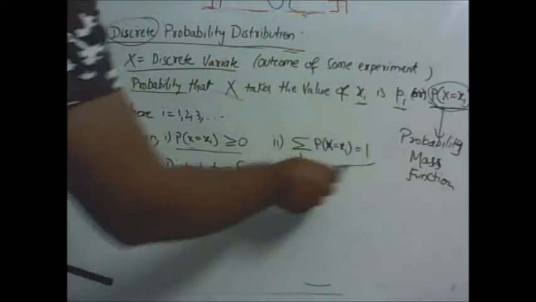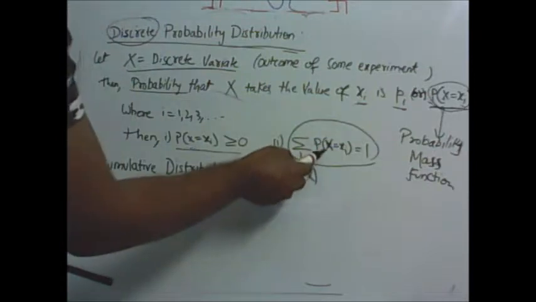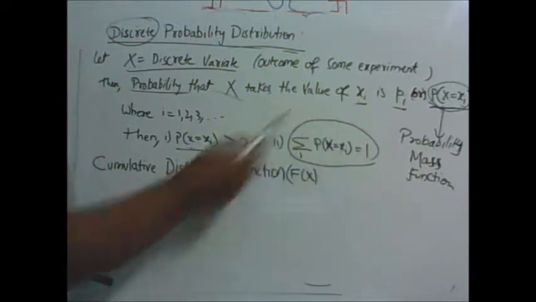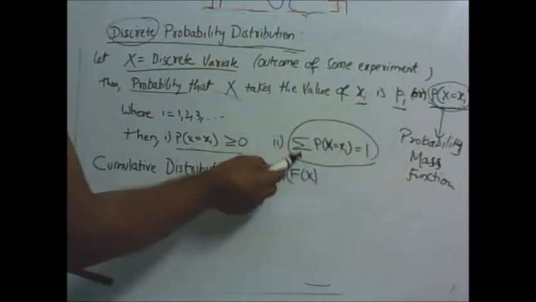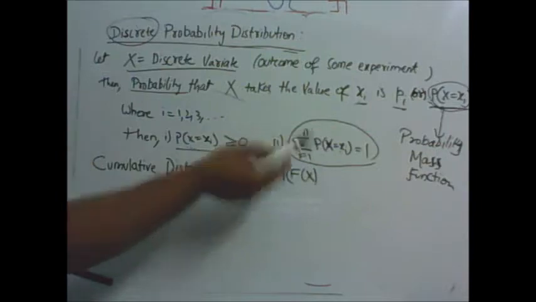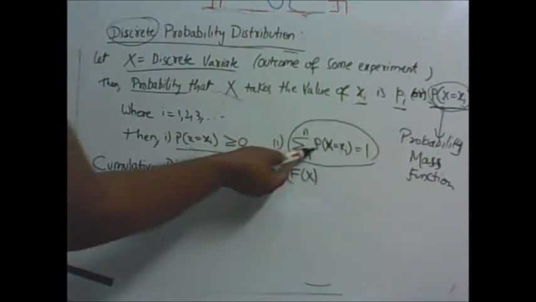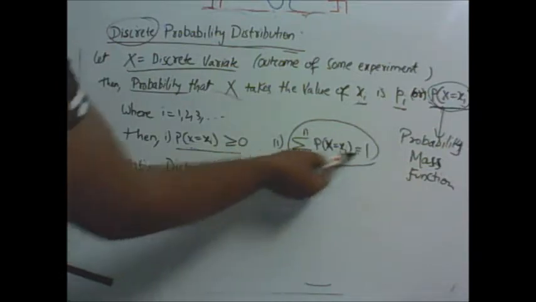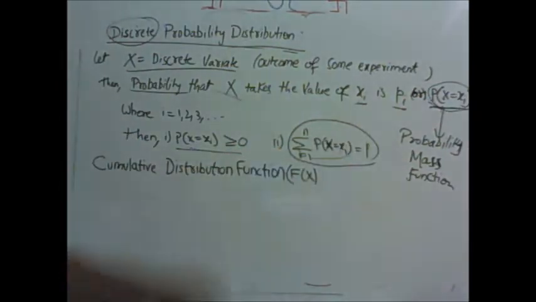If we sum up the probabilities for all the outcome values x1, x2, x3, where i equals 1 to n, then the total probability will be 1, as we already discussed in the previous class.